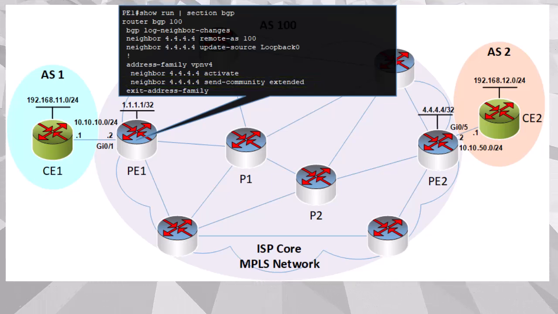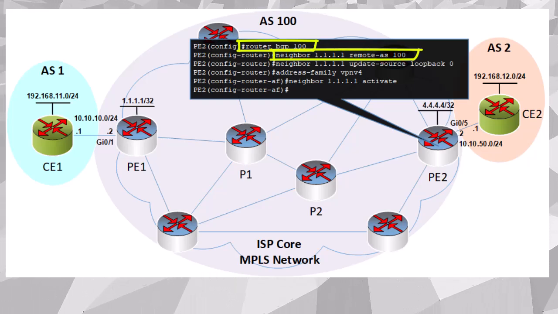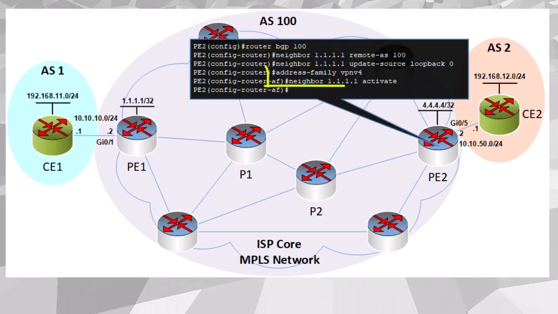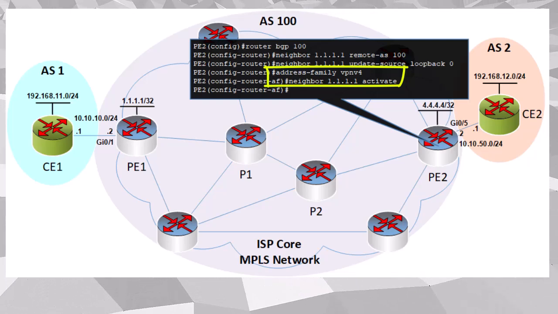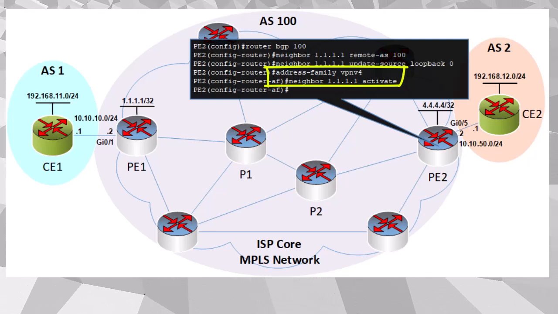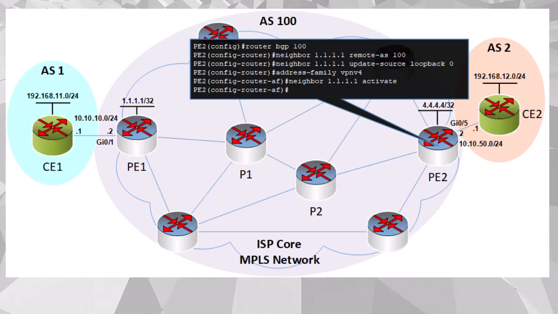Now to complete our configuration, let's take a look at the counterpart configuration on our PE2 router. Here we see the iBGP peering with PE1 is configured, and we also enable the VPNv4 address family so that iBGP is able to share those VPNv4 routes, which are composed of the IP address of the destination prepended with that RD value, making the VPNv4 routes unique on the MPLS infrastructure.